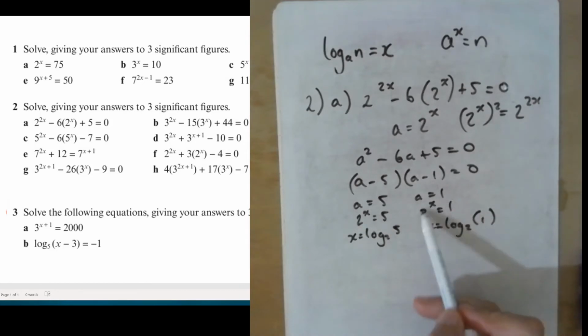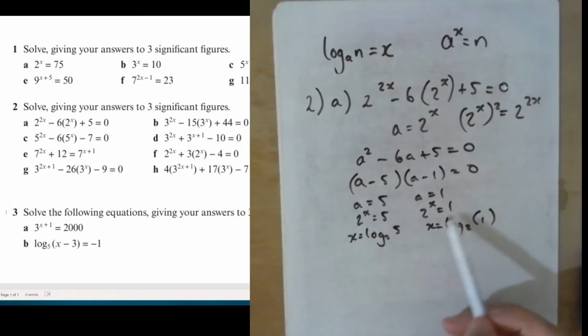You might remember anything to the power of what equals 1? So it's 0. You can pop that into a calculator, but you might remember that from your index laws. If you remember that from your index laws, you should be able to do that one. Whereas this one, you will need your calculator.